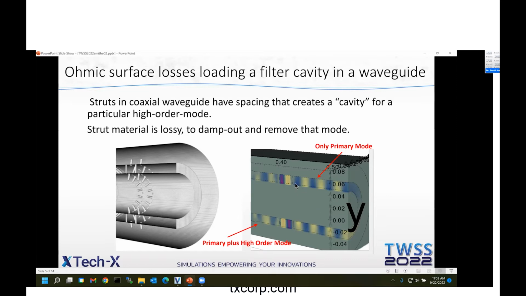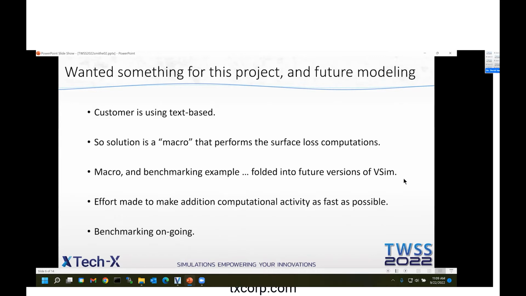And so then what comes out on the right-hand side is a much purer single mode, which is what we're after. And so what we want to do is model the behavior of these lossy struts from first principles without having to tune anything. And like I say, we wanted something for this project and really for future modeling too.